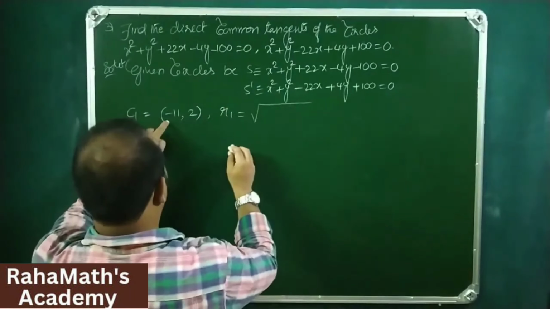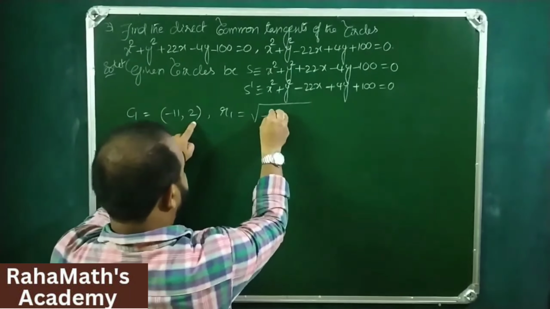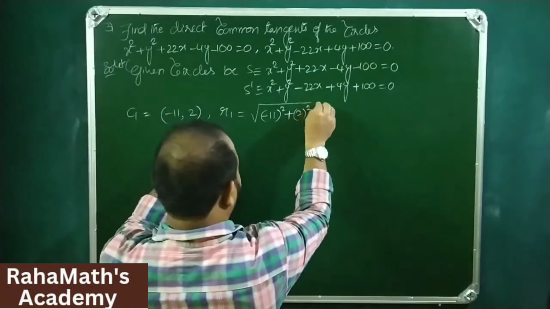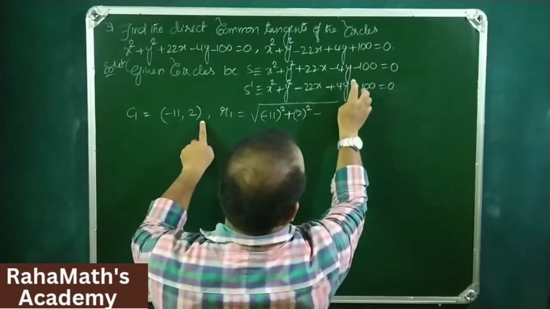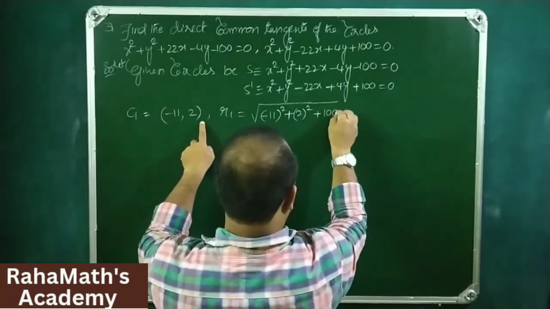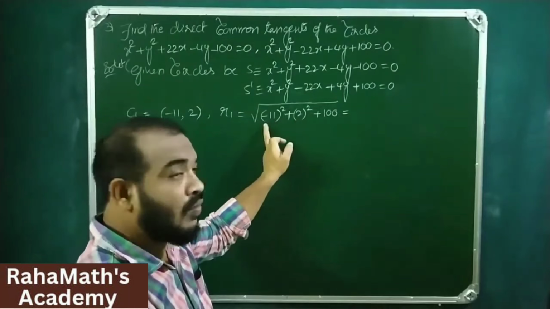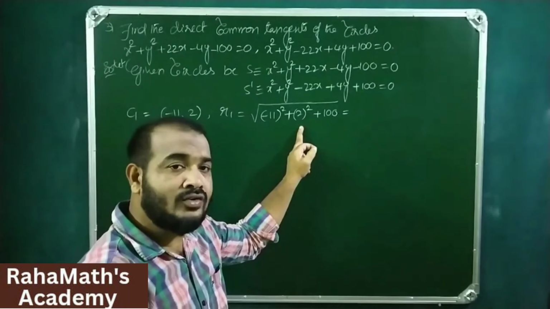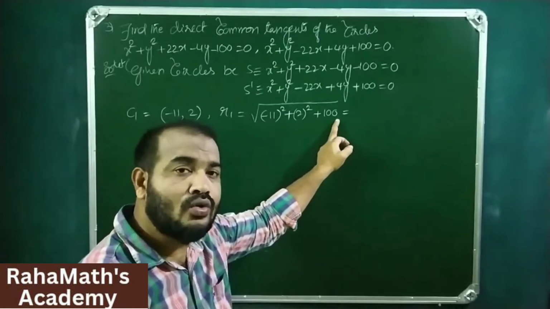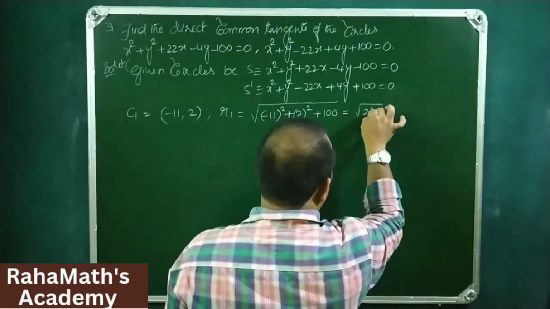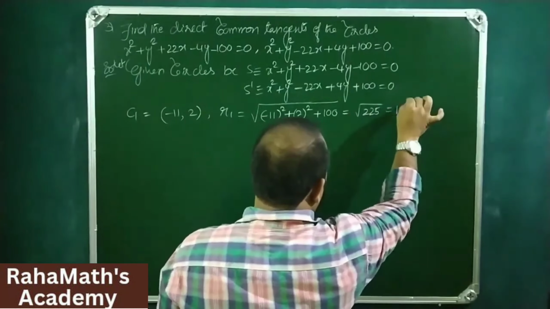Radius is root of g square plus f square minus c. So minus 11 whole square plus 2 square minus c, which is minus of minus, plus 100. So 11 square is 121, 2 square is 4, 121 plus 4 is 125, plus 100, root 225, which is 15.